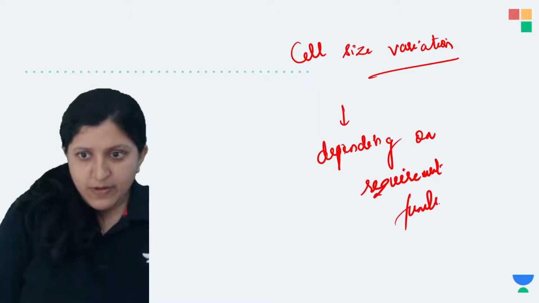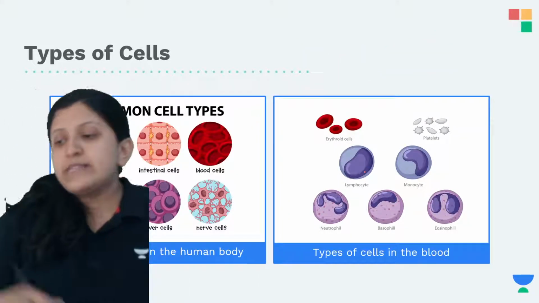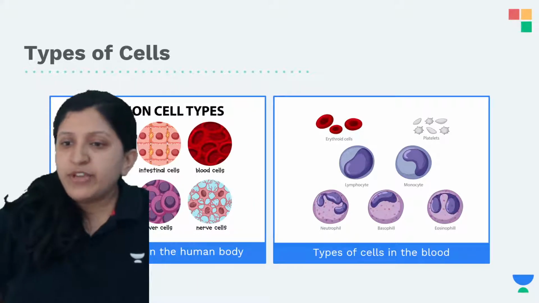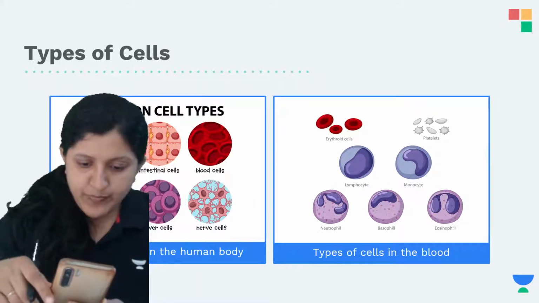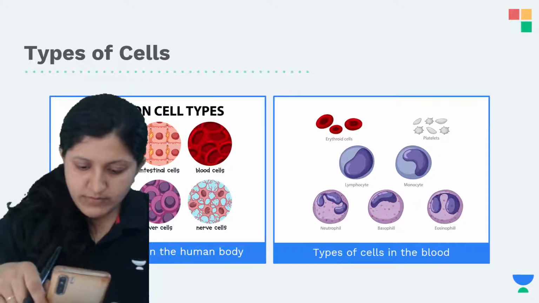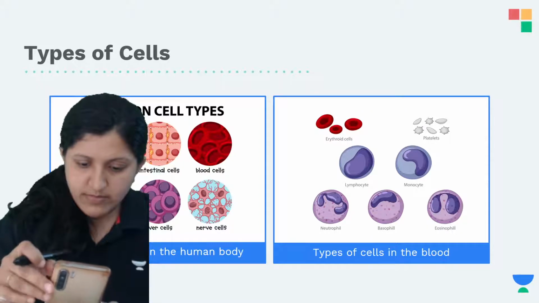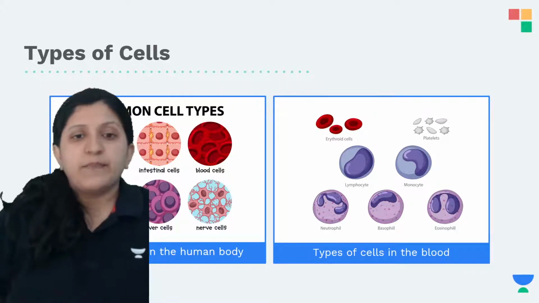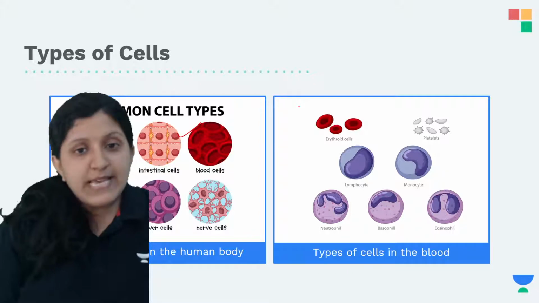Now with respect to that, there are different common cell types that you can find. These are basically stem cells, intestinal cells, blood cells, muscle cells, liver cells.